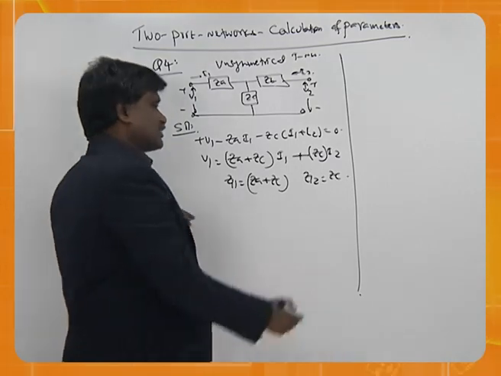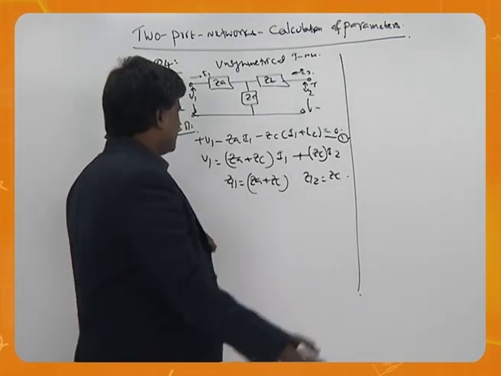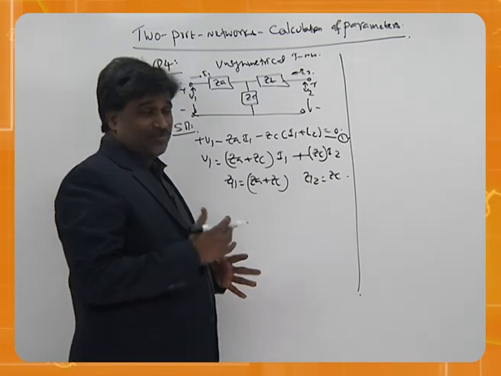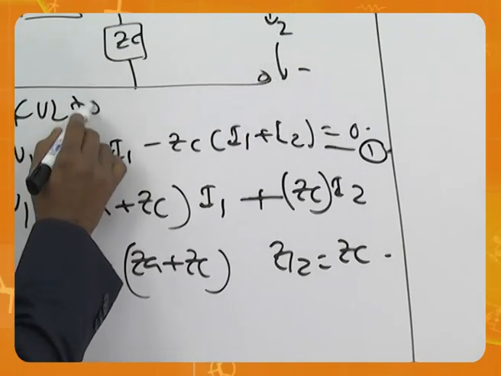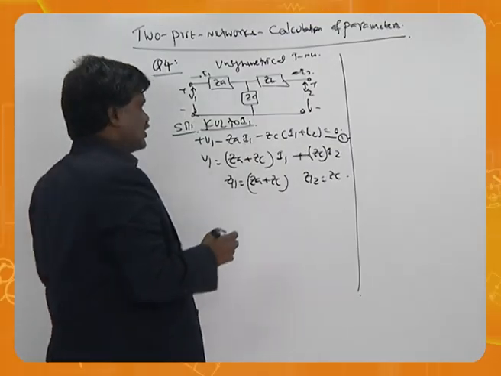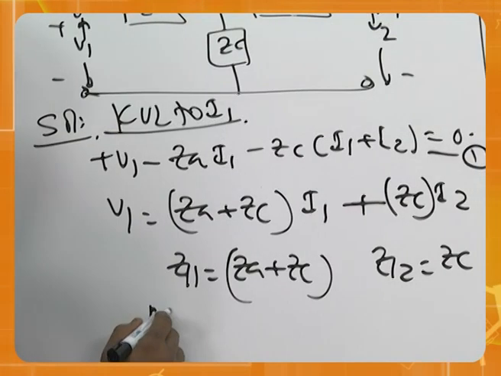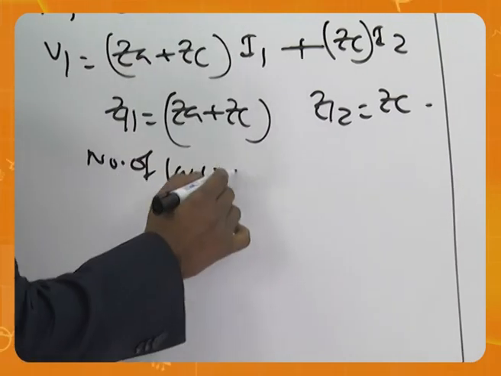Straight away the answers will come if you use the new method. If you use the old method, it is very time consuming. This is called KVL to I1. Actually, if I see the number of loops here, the number of loops is 2.